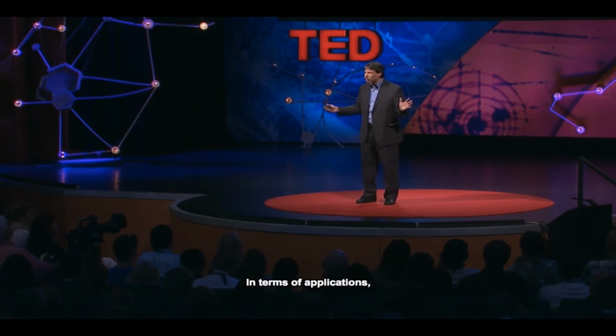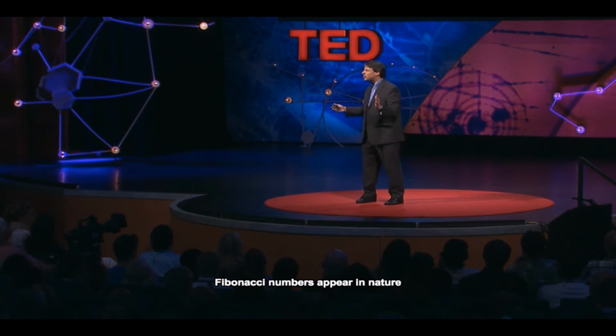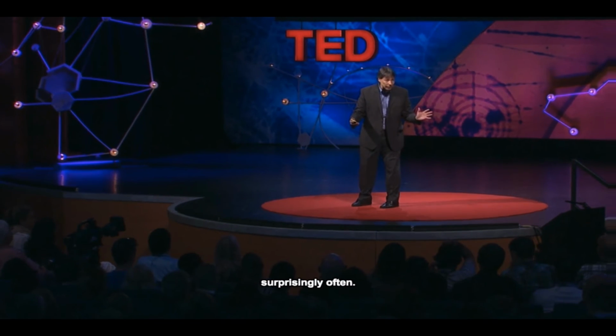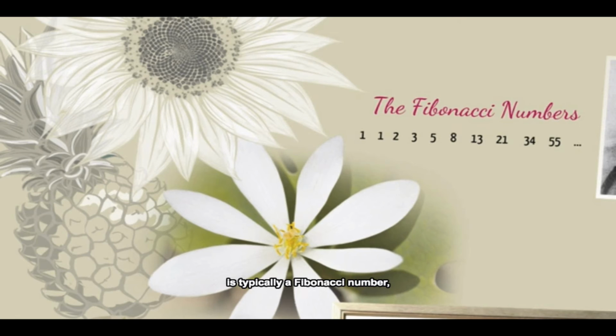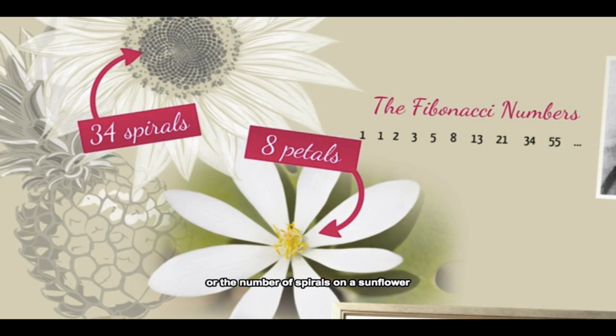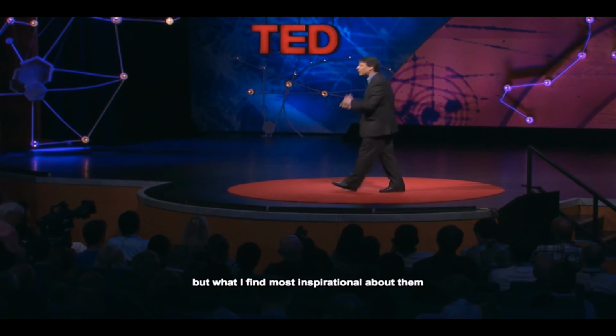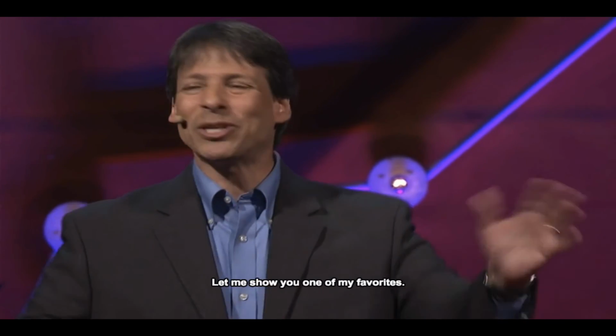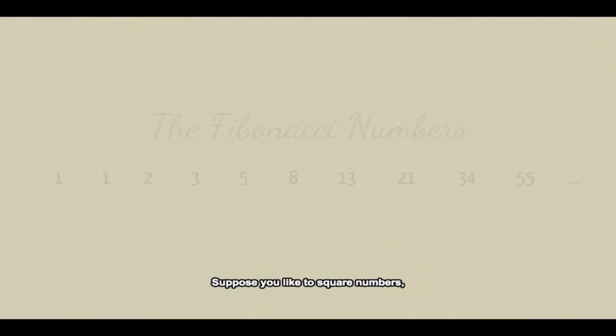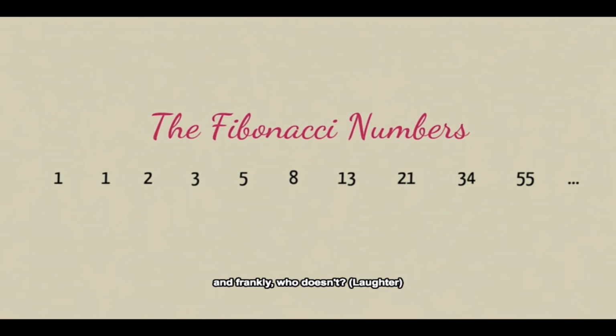In terms of applications, Fibonacci numbers appear in nature surprisingly often. The number of petals on a flower is typically a Fibonacci number, or the number of spirals on a sunflower or a pineapple tends to be a Fibonacci number as well. In fact, there are many more applications of Fibonacci numbers, but what I find most inspirational about them are the beautiful number patterns they display. Let me show you one of my favorites. Suppose you like to square numbers. And frankly, who doesn't?